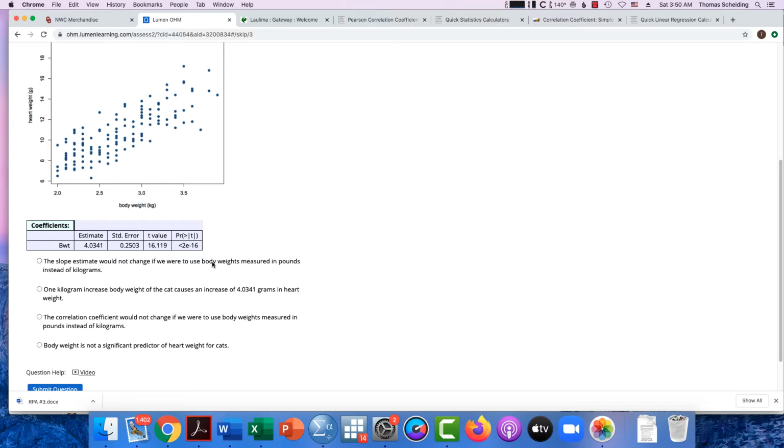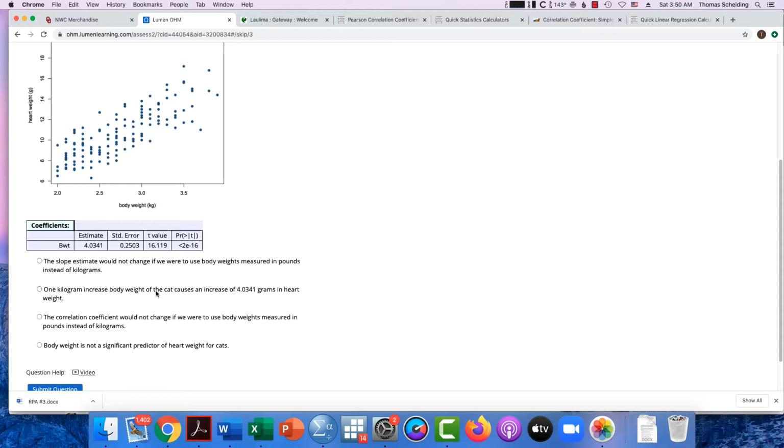So the slope estimate would be 2.2 times higher as a multiple, because pounds are more than kilograms in terms of being a number. Next: a 1 kilogram increase in body weight causes 4.034 grams in heart weight.